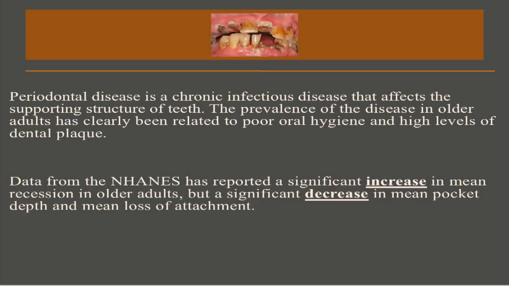The data from the National Health and Nutrition Examination Survey has reported a significant increase in mean recession in older adults, but a decrease in mean pocket depth and mean loss of attachment.